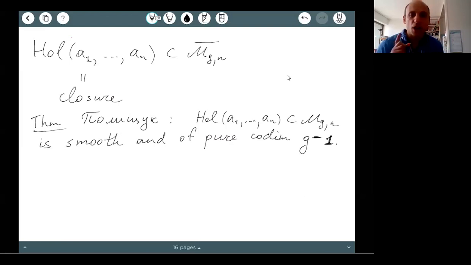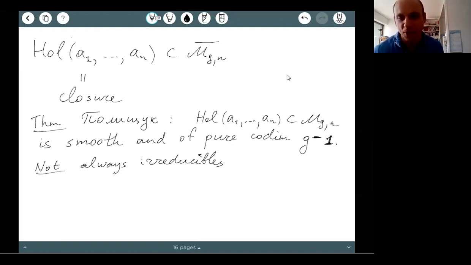So it is not necessarily irreducible. Not always irreducible. Connected components were classified by Kontsevich and Zorich, so there are between 1 and 3 connected components. But it is always smooth, and all the connected components are always of the same dimension, g minus 1.